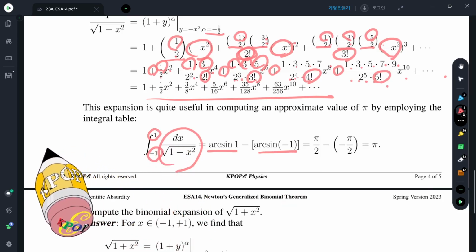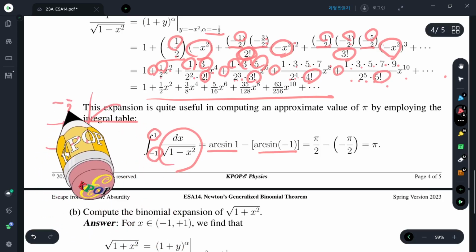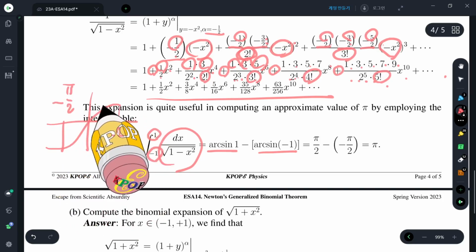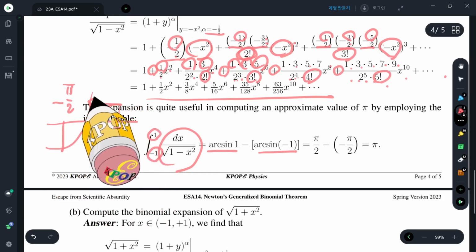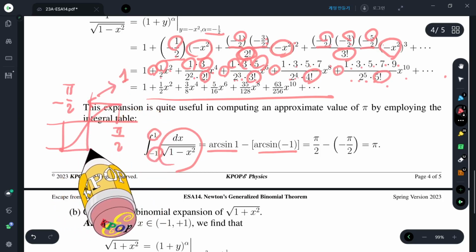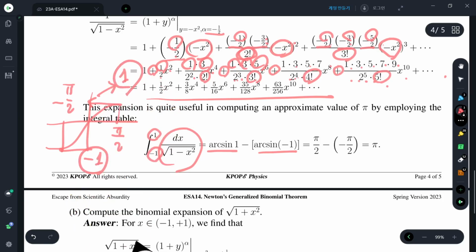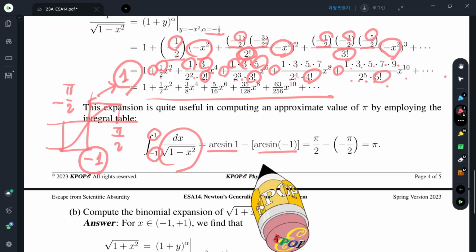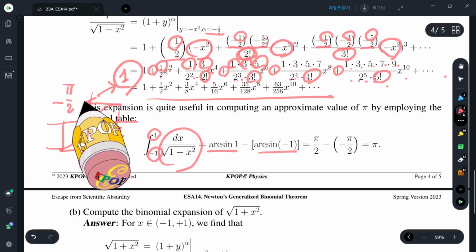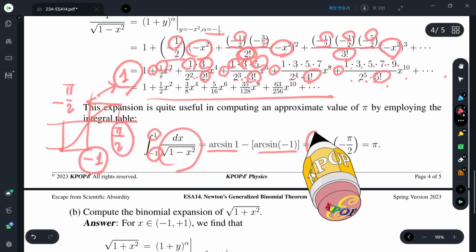You know sine of x is this kind of form between -1/2 of pi and half of pi. At this point we have sine value 1, and here the sine value is -1. So arcsine 1 means when sine theta equals 1, theta is half of pi.